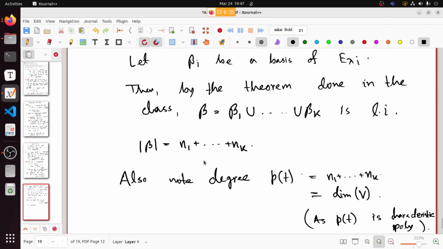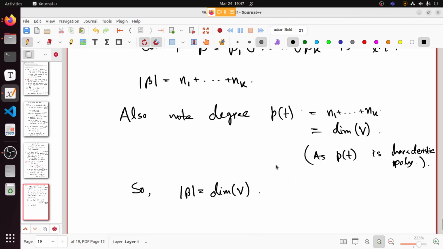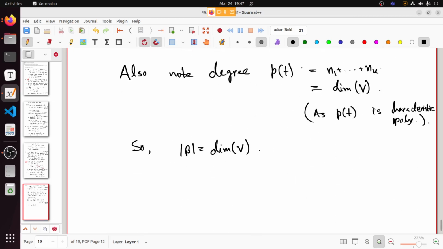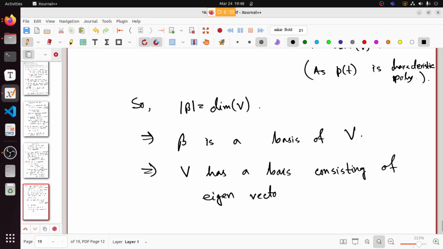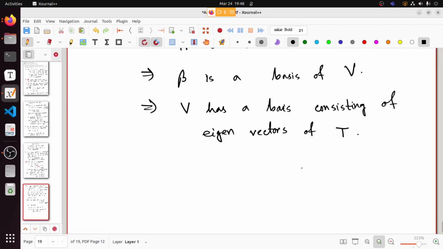So beta is a linearly independent set, and it has cardinality equal to the dimension of V. This means beta is a basis of V. So what we have got is that V has a basis consisting of eigenvectors of T, right, which implies T is diagonalizable.